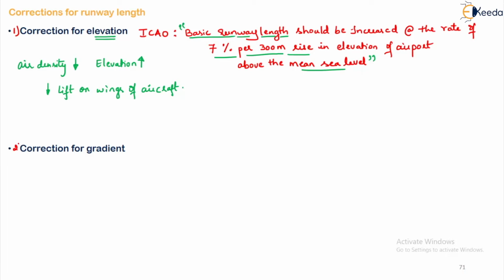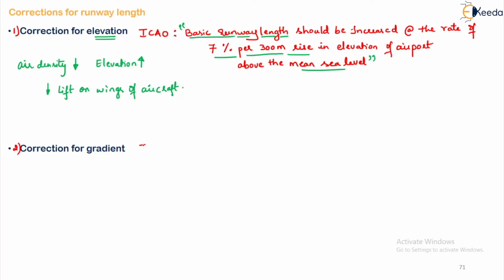Next, the second one is the correction for gradient. As the gradient becomes steeper, more energy is consumed and we will need a longer length of runway to attain the desired ground speed.